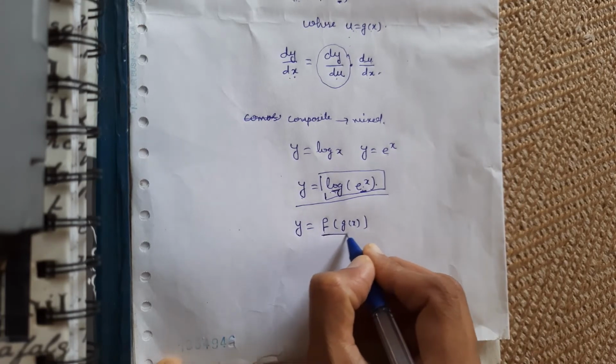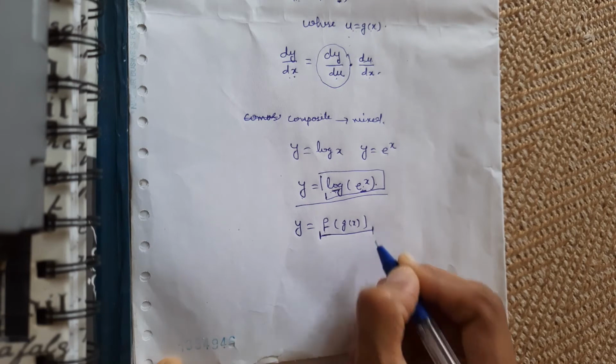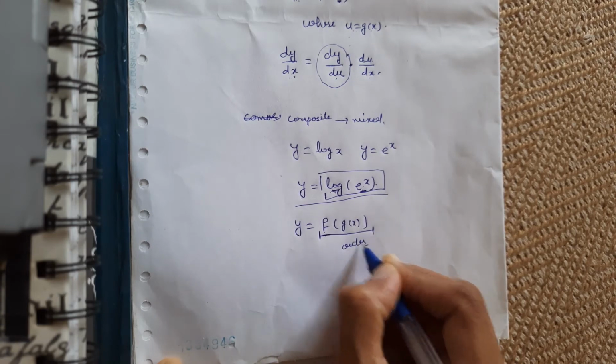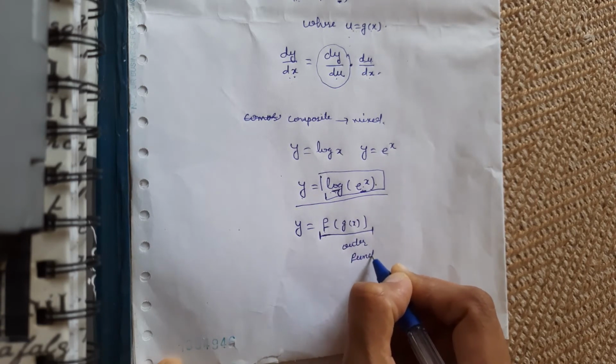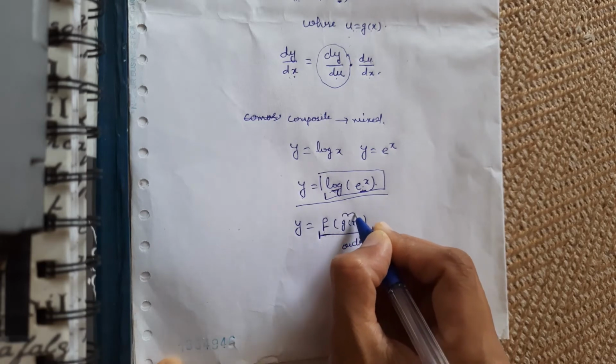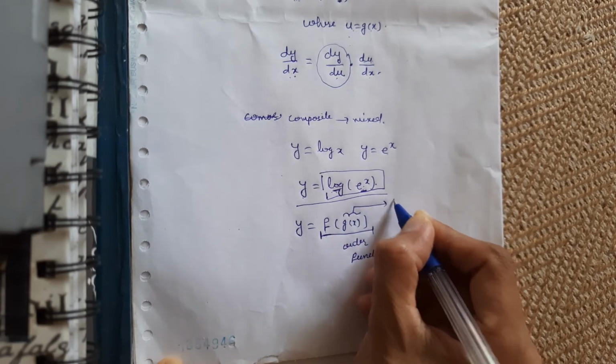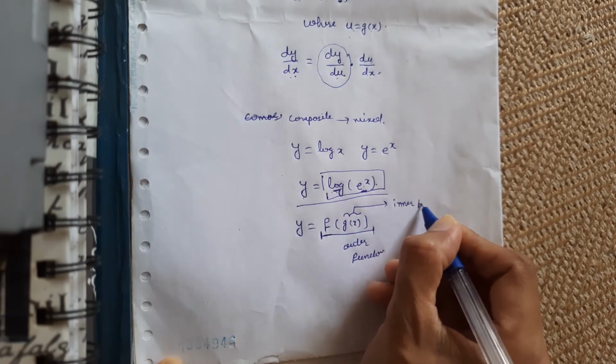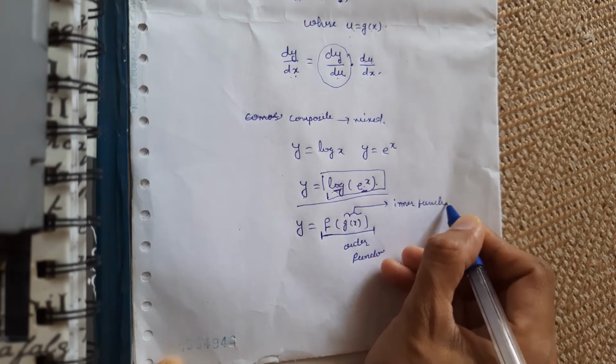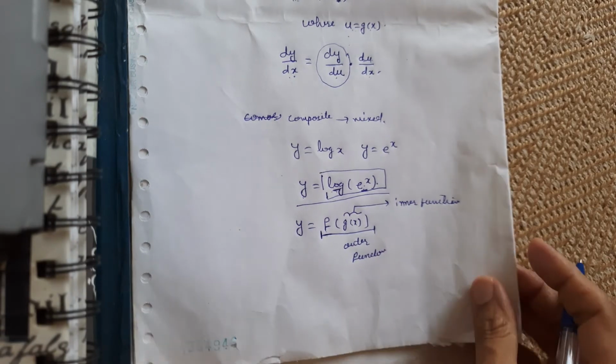This f, the whole function, is the outer function, and this g is the inner function. Let's take one example here.